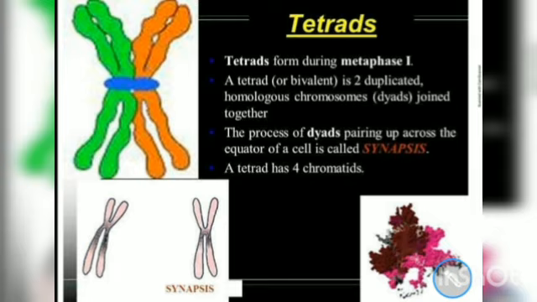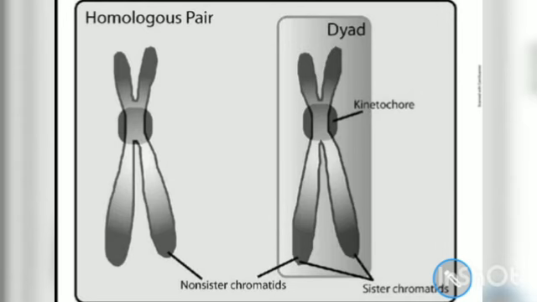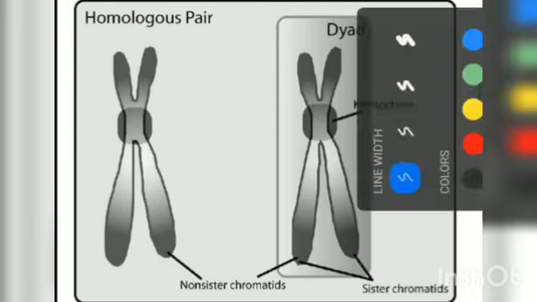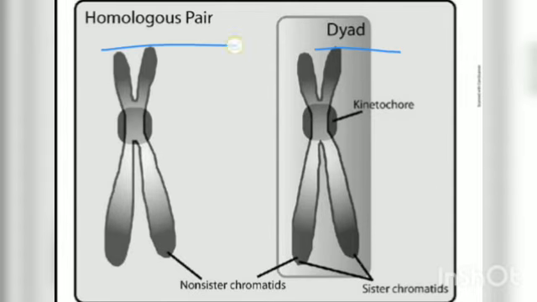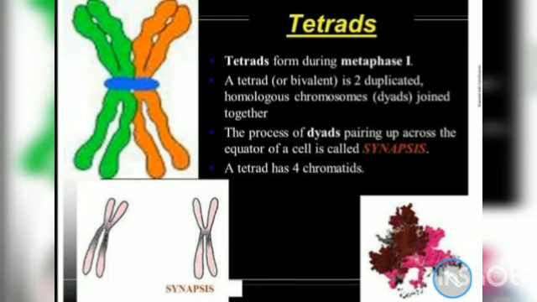We have already seen previously that the homologous chromosomes are also called dyads. One dyad, look here, this is one dyad, and this one is another dyad. So a tetrad is formed by the joining of two dyads or homologous chromosomes. You can see here, this whole structure is called your tetrad.